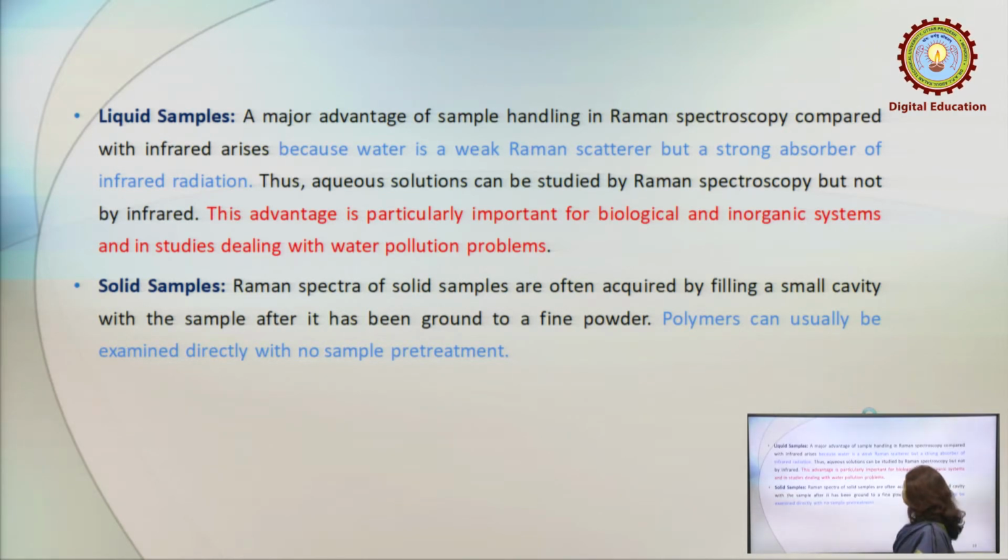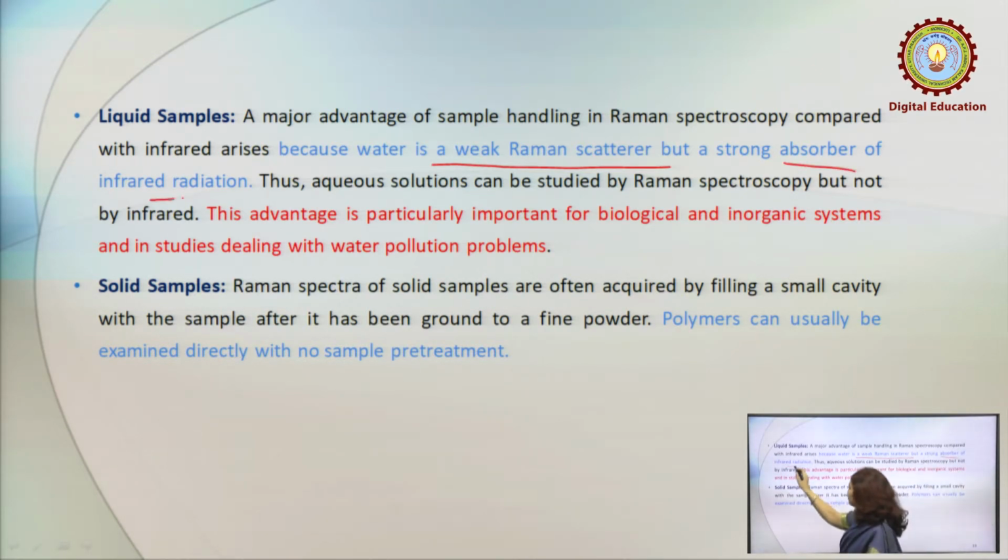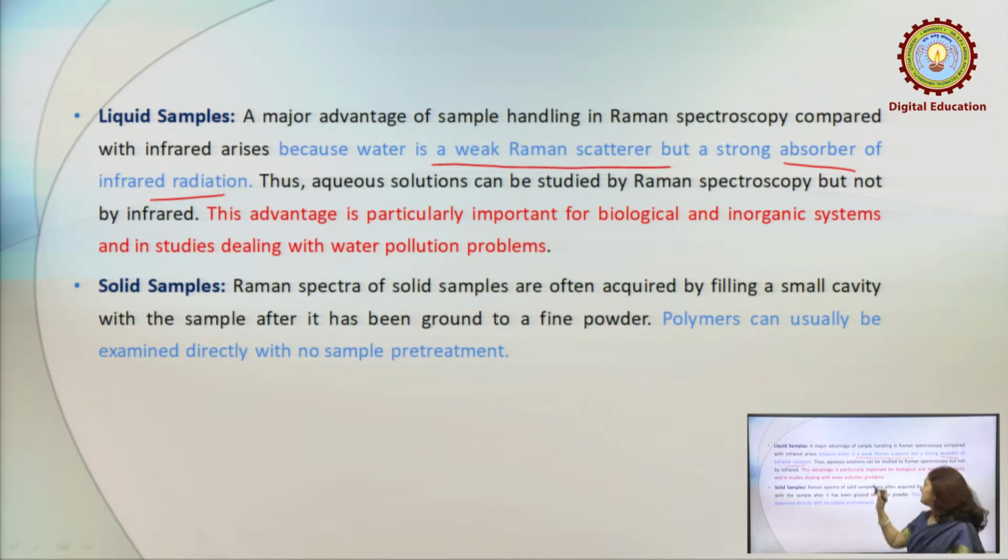Liquid samples. A major advantage of sample handling in Raman spectroscopy compared with IR is that water is a weak Raman scatterer but a strong absorber of IR radiation. Thus, aqueous solutions can be studied.